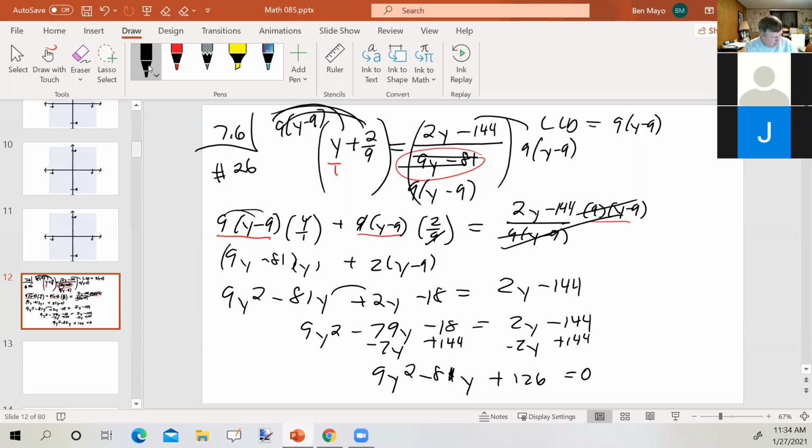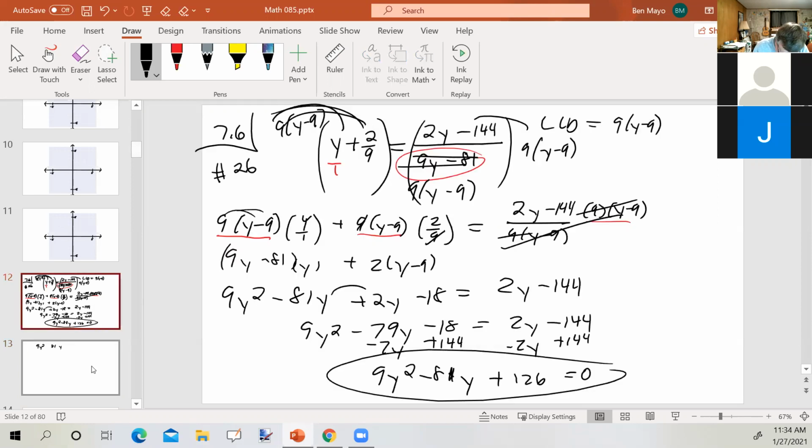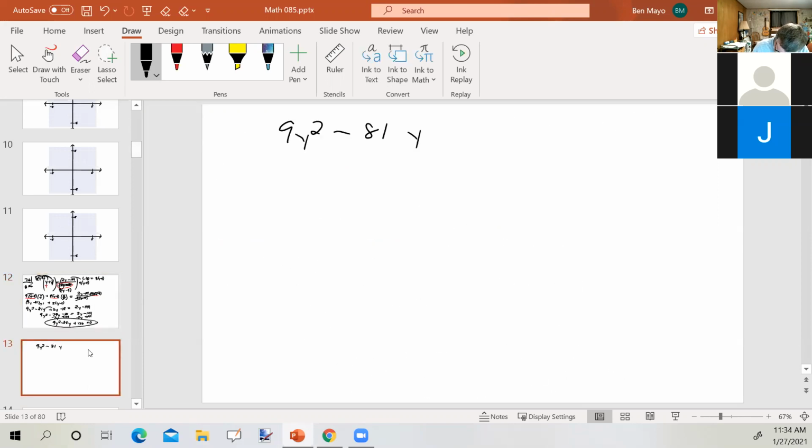Okay. Well, hopefully I haven't made any mistakes. So I'm going to recopy that equation: 9y squared minus 81y plus 126 equals 0.